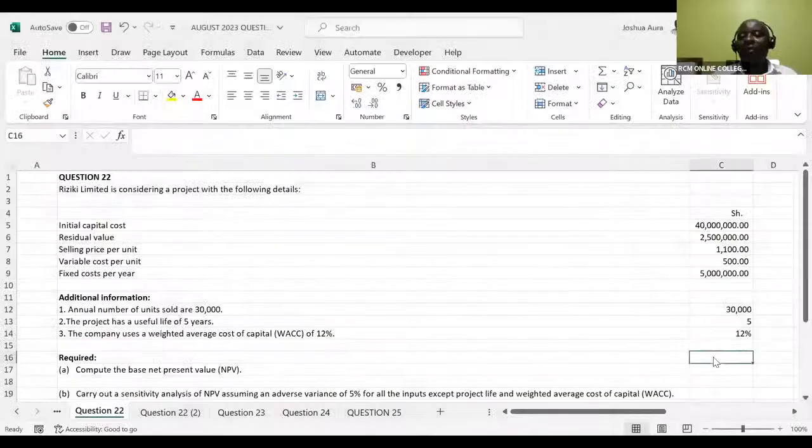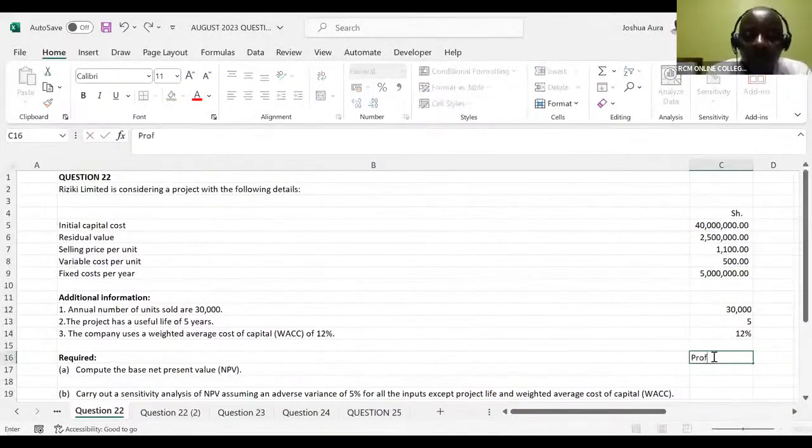First of all, by ascertaining profits. There is a very important formula that I must always remind you of: anytime you want to get profit in this kind of situation, you take the price given, subtract the variable cost, multiply the answer by quantity, and then subtract fixed cost.